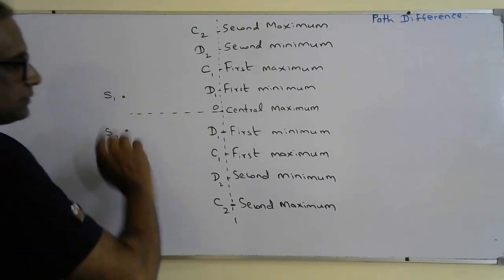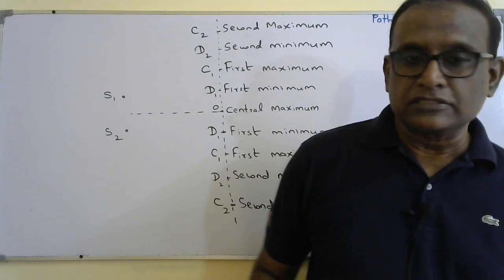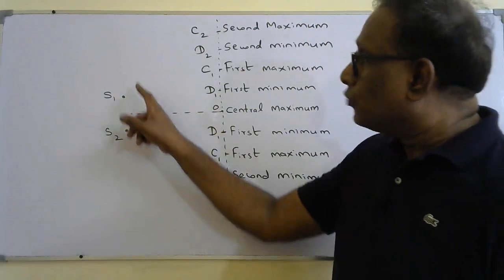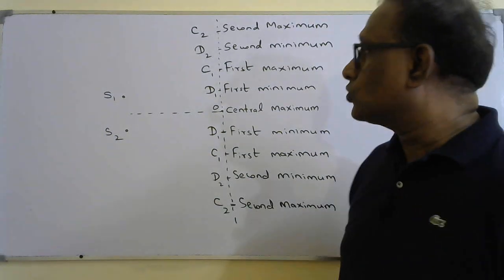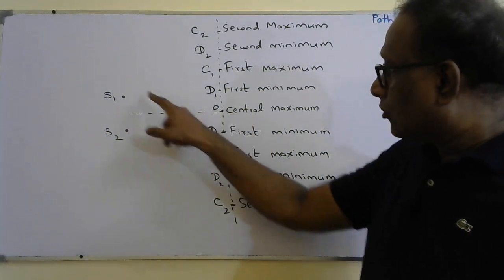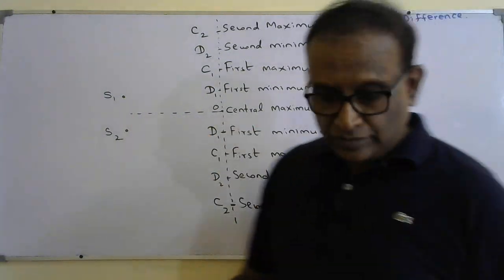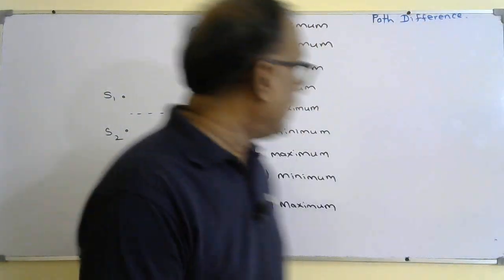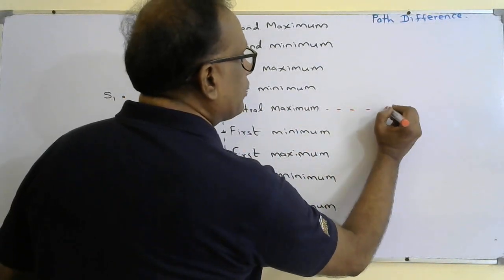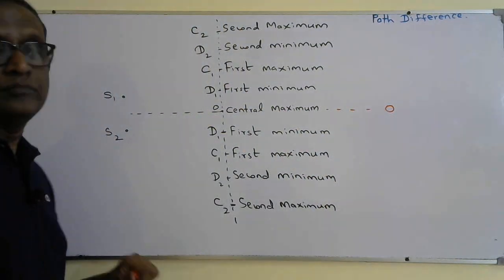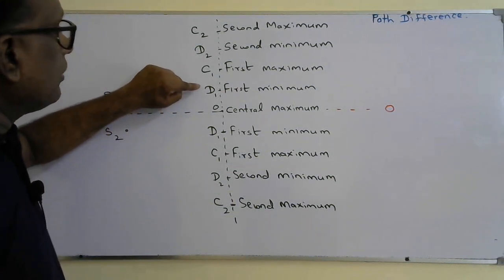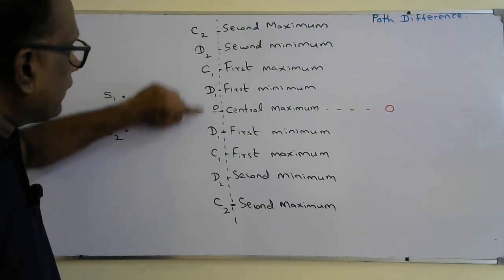Okay, so this is the general way we explain the superposition pattern when we use two coherent wave sources. S1, S2 are the two coherent wave sources. Along the center part of S1, S2, the path difference will be equal to 0. If the path difference is 0, that is called the central maximum. Then on either side we have D1, D1.